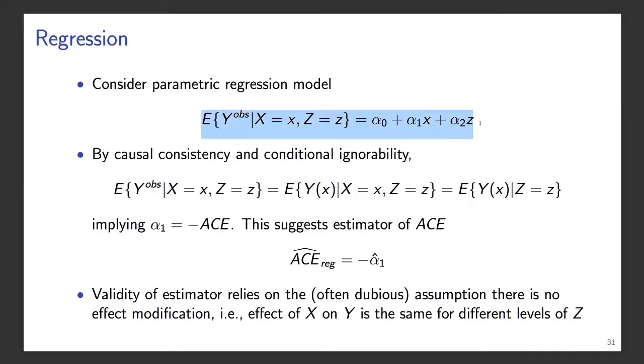This model makes a very strong assumption, that would probably be dubious in many settings, that the treatment effect is the same across levels of the covariate. If that really strong assumption holds, then yes, you can interpret the regression coefficient on X as estimating the causal effect. Otherwise, there's no guarantee that you're getting the right answer.